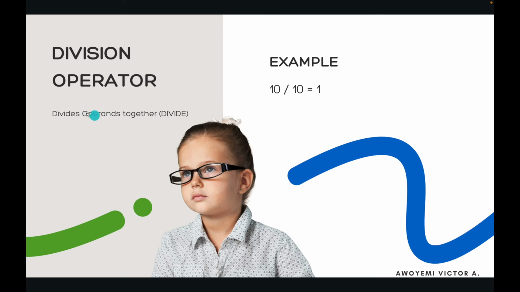We have the division operator. A division operator divides operands. So if we are to divide 10 by 10, our left operand is 10, while our right operand is 10. If we divide it, it is going to give us 1. So that is the division operator.